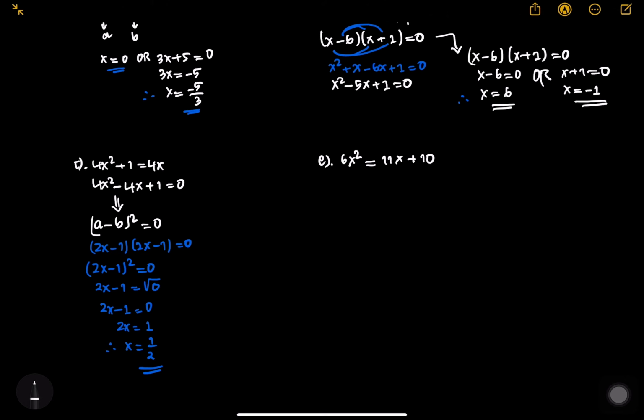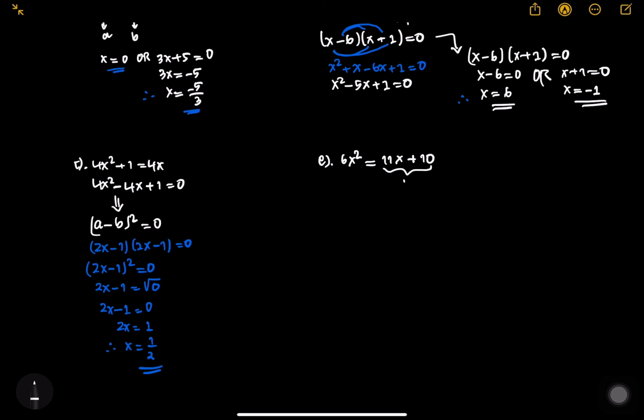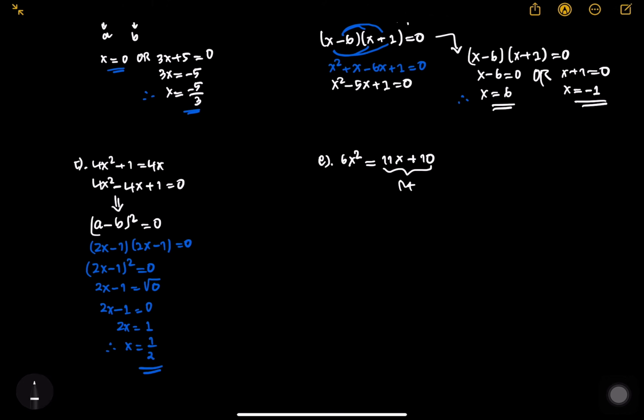So we can move this, sorry, not left hand side, that's the right hand side, to the left hand side. So we can move it into 6x squared minus 11x plus 10 equals 0.